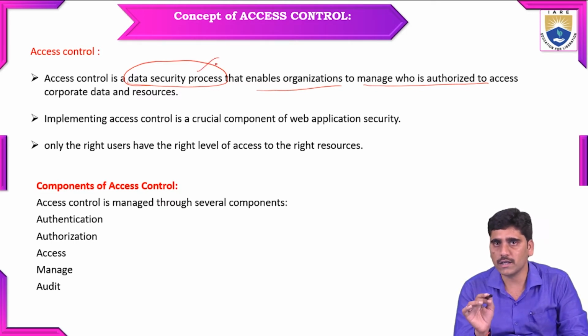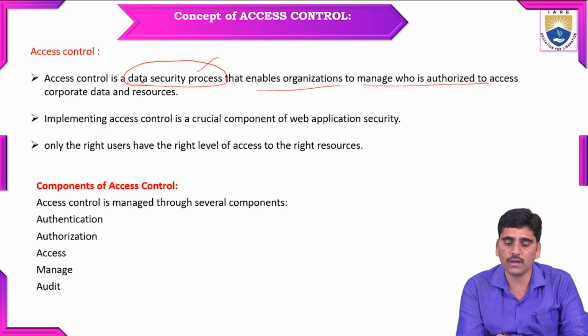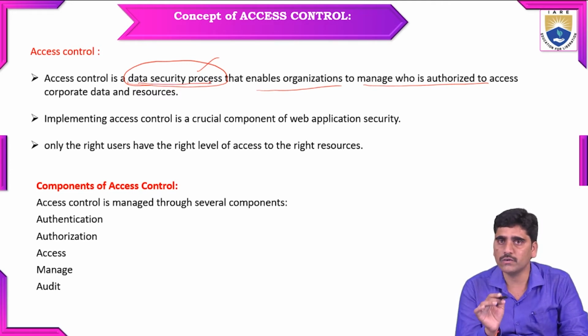That is what we are mentioning here. The user's data security process is verified, and if he is authorized, then he is able to enter the organization and is authorized to access all the corporate data and resources. So that is access control.